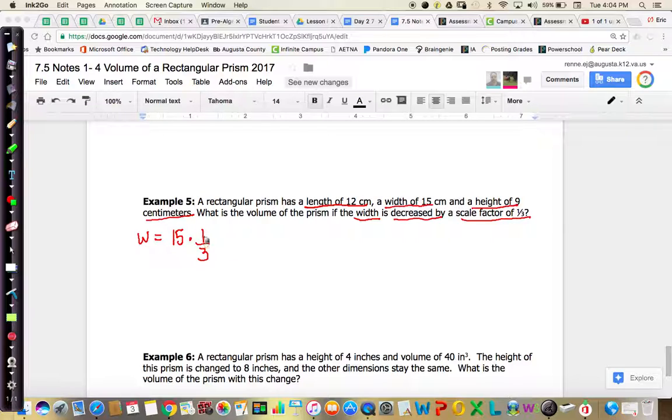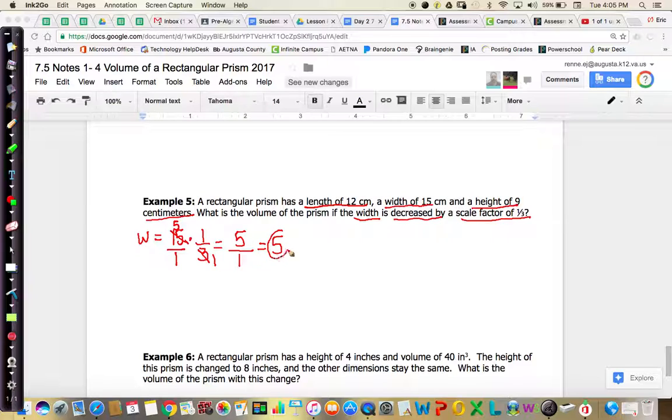Now remember, when you multiply fractions, if you have a whole number, you turn it into a fraction by putting a 1 underneath it. And we can actually cross cancel here because I know a number that goes into 15 and 3, and that number is 3, so 15 divided by 3 is 5, and 3 divided by 3 is 1, and 5 times 1 is 5, 1 times 1 is 1, and 5 divided by 1 is 5.